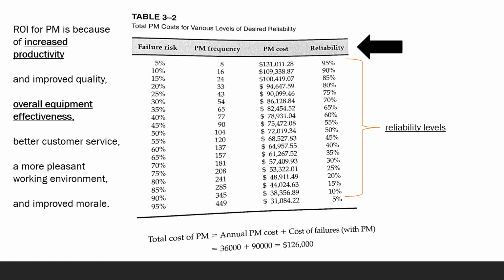So after the money, after a good production reliability level, you will get all of this automatically. If a system is running well and making good product, everybody is going to be happy.